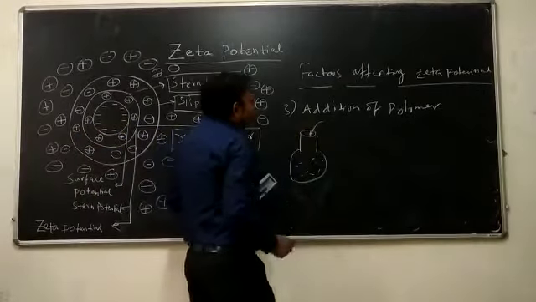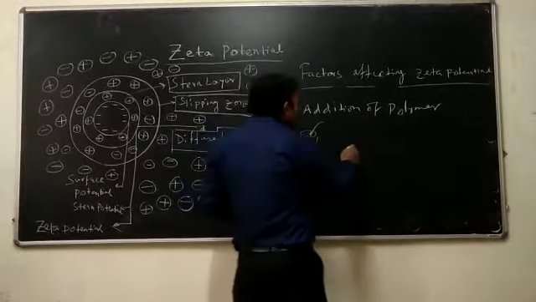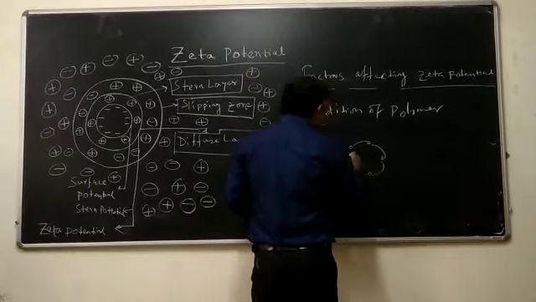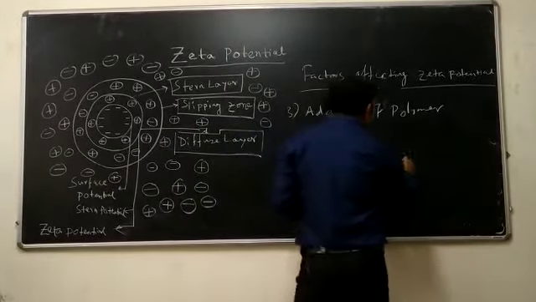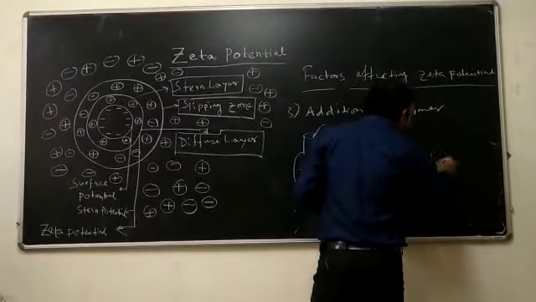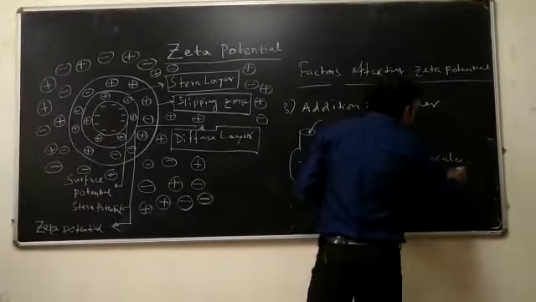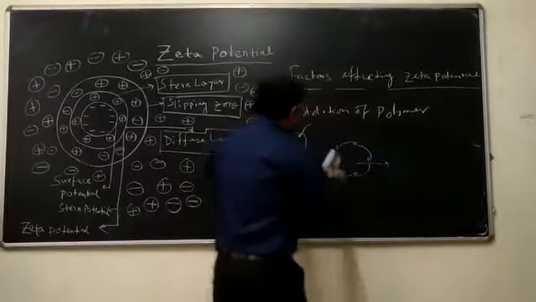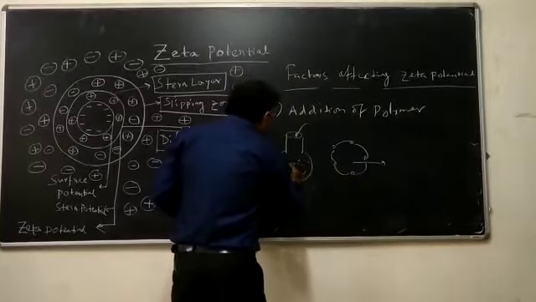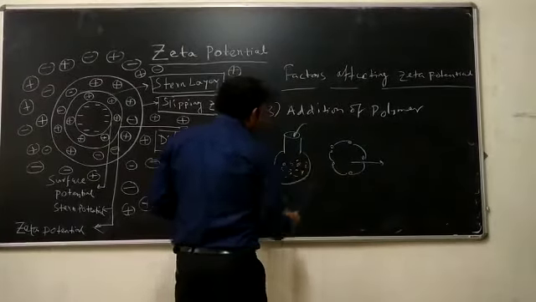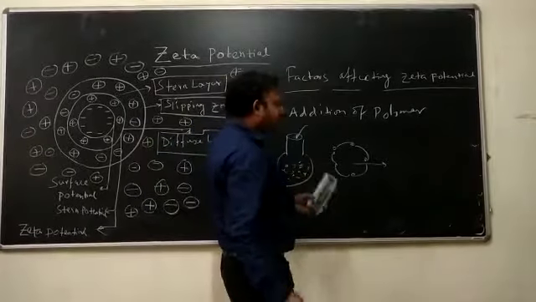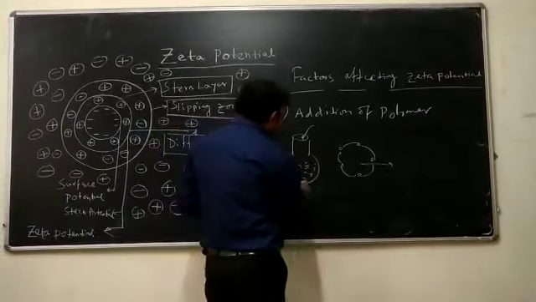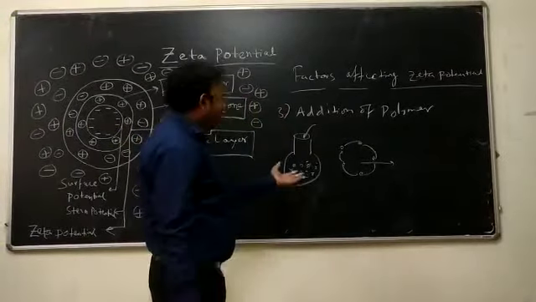When we add the polymer, it goes into the colloidal dispersion and then entangles the solid particles and makes several floccules. After some time, it falls down due to the gravitational force, and flocculation or coagulation occurs.